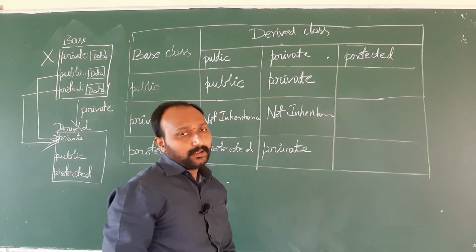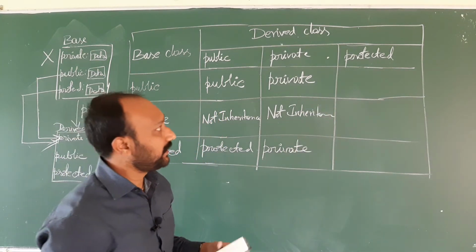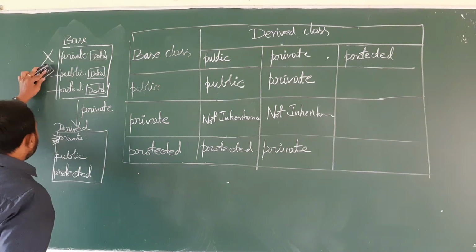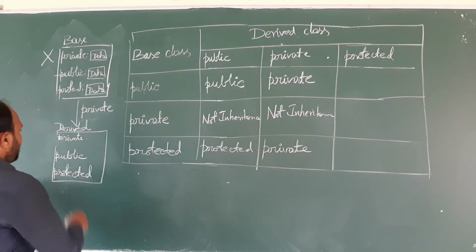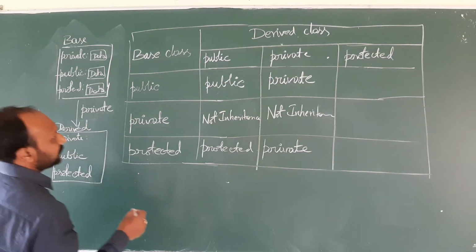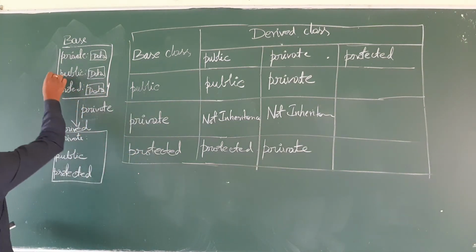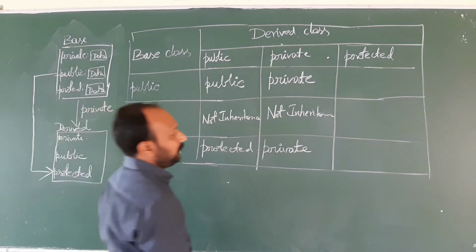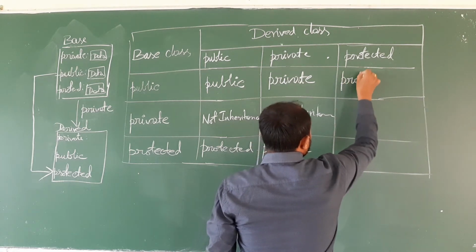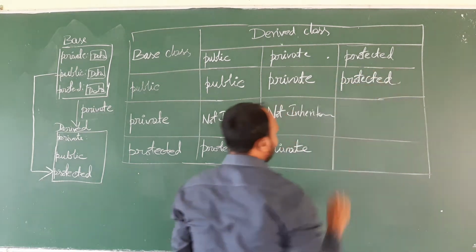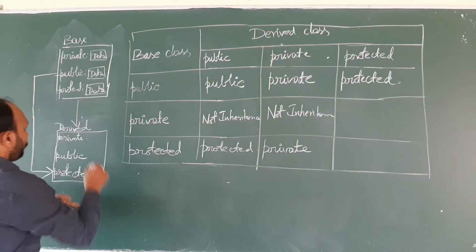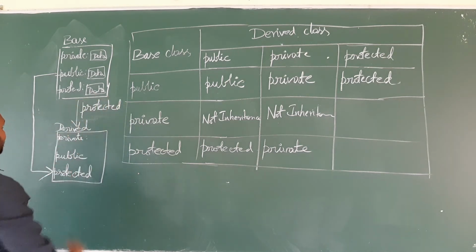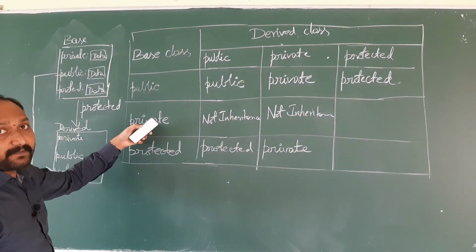The last one is protected inheritance. If you are inheriting using visibility mode protected, then public members of the base class will become protected members of the derived class. If we are choosing protected inheritance, then what about private members of the base class?